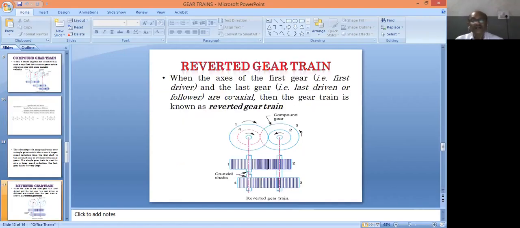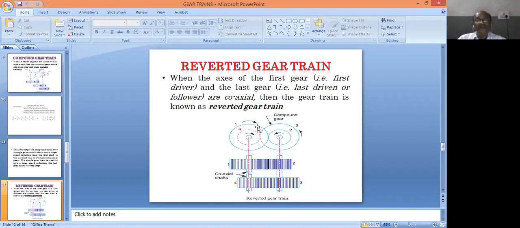And the third one is the reverted gear train. Just look at the diagram: there are 2 shafts, A and B. The shaft A carries gears 1 and 4, and gear 1 meshes with gear 2.